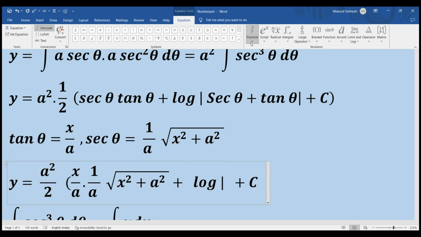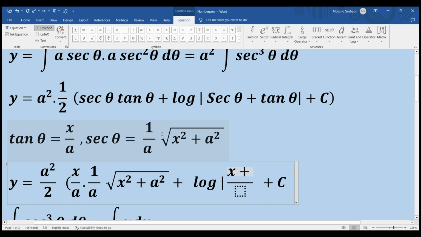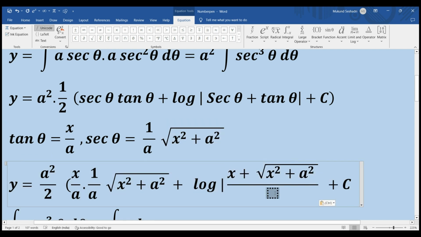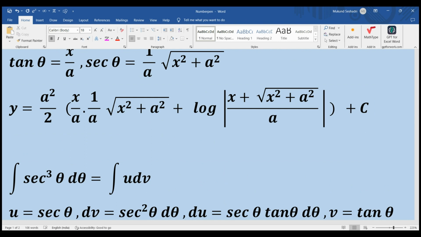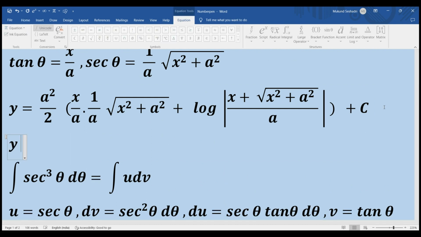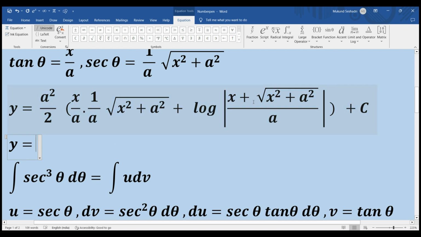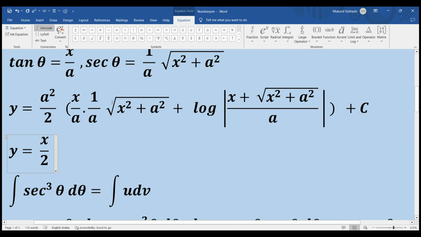And if I express this in the x by a format, what I will get is x plus square root of x square plus a square in the numerator, and then I will get an a in the denominator, right? So now if I take my a square by 2 inside the bracket, the a square gets cancelled and I'll be left with x by 2 times square root of x square plus a square. So that's my part 1.